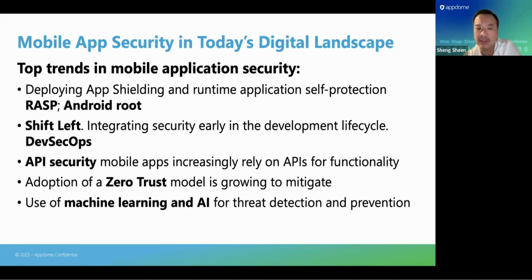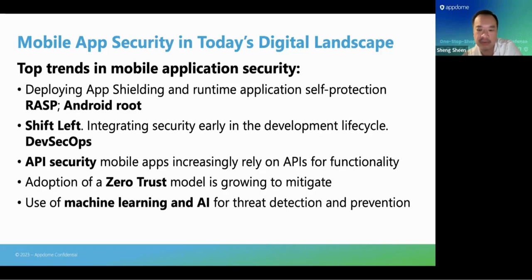One notable challenge that we're still seeing is the persistent issue of Android root. So we're seeing this continued concern around Android apps with Android rooting. And of course, on the iOS side, we've got Apple with jailbreaking. So certainly that seems to be a critical issue continuously.